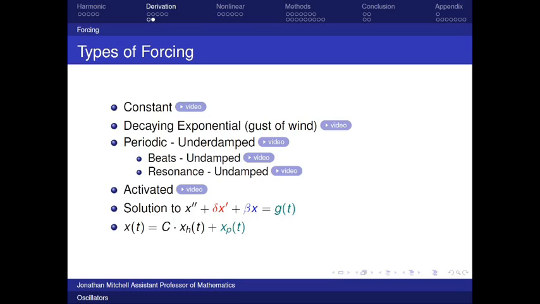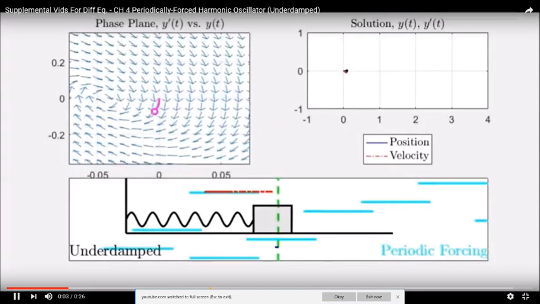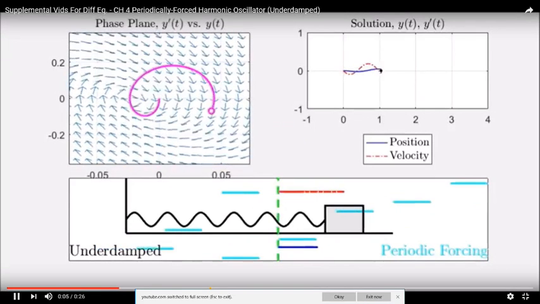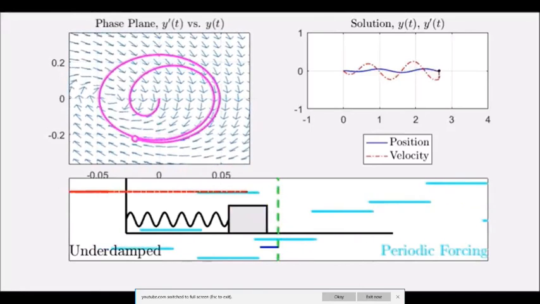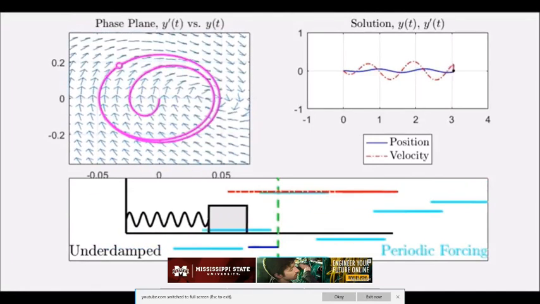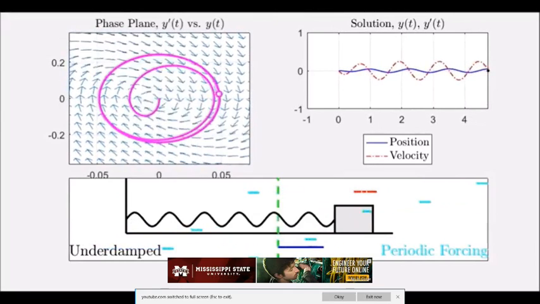So here we have a wind analogy on the underdamped case. And you'll see the wind go back and forth and back and forth. And that's going to affect the movement of the spring. And underdamped is with just a little bit of friction? Correct. That's right on. So a little bit of friction.